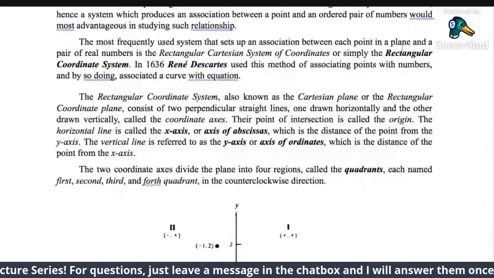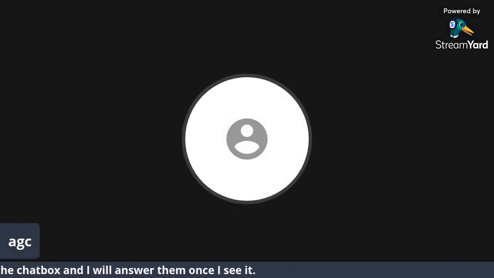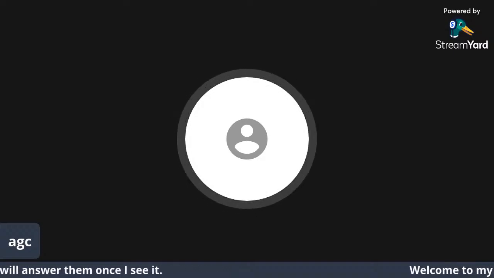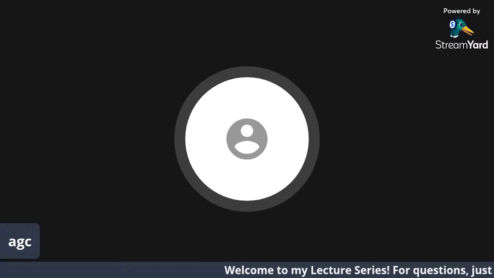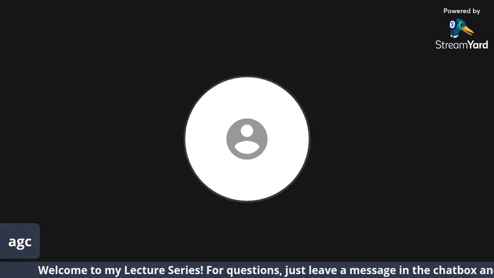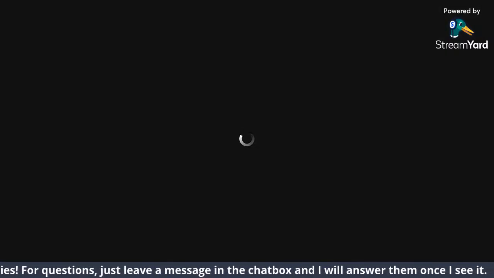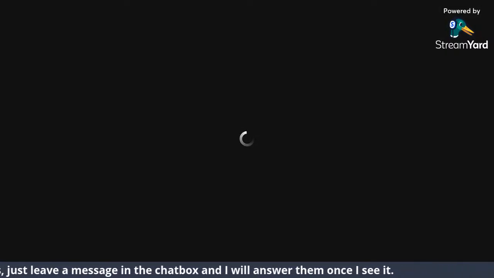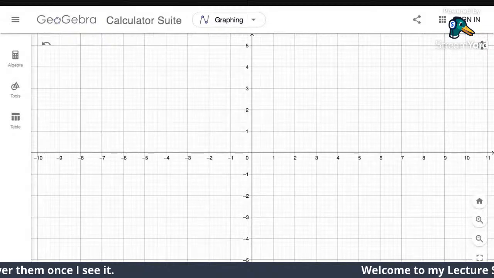And I'm going to show you the rectangular coordinate system using our GeoGebra calculator. I'm sure you are familiar with this, and probably some or all of you have used it already. This is very useful in analytic geometry and also in calculus. It can be accessed online using your browser, or you can download it as an app from the Play Store.